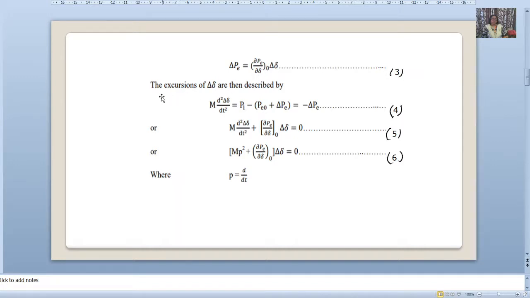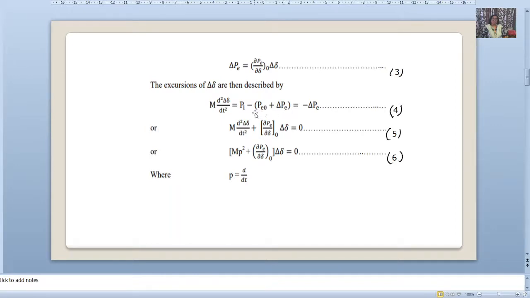The excursions of delta del can then be described by this equation; we have to take the second derivative. M d2 delta del by dt square is equal to Pi minus P0 plus delta P, because we have considered a small change in delta, and that's why P is increasing by delta P.